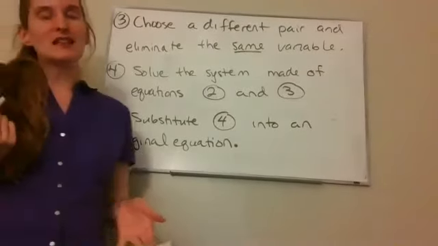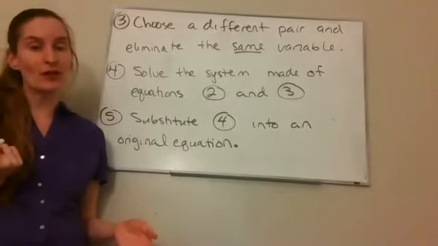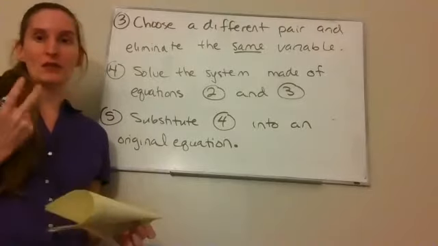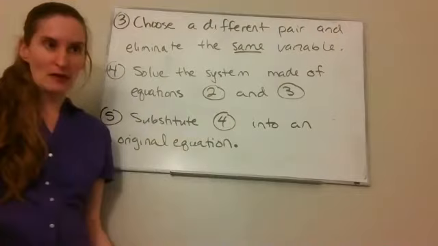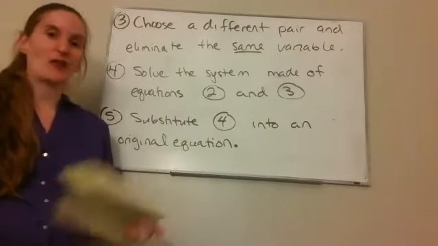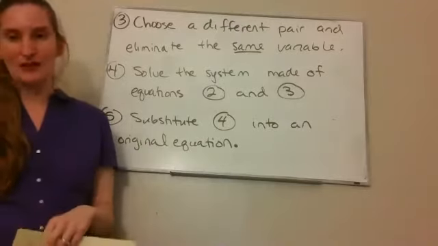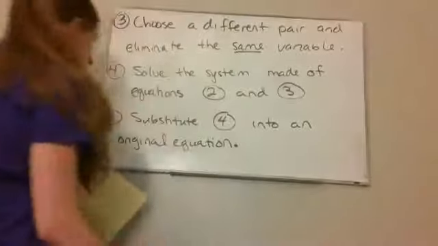So basically, the technique that we're using to solve a system of three equations with three variables is to first play with it to create a new system of two equations in two variables, solve that like we already know how to, and then use that info to find the last variable. It sounds way more confusing than it actually is, so let's go ahead and do an example to make it a little bit more clear.